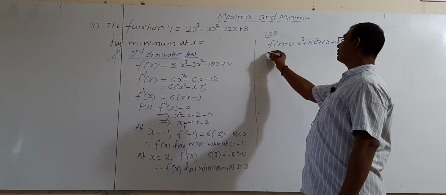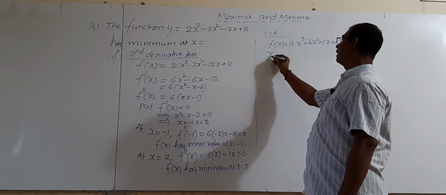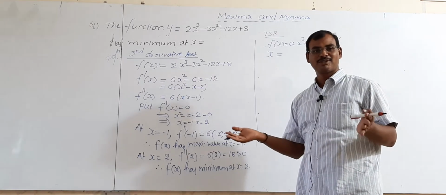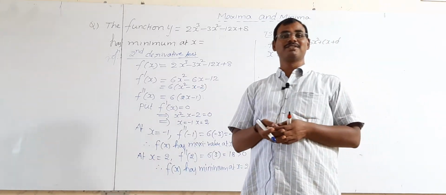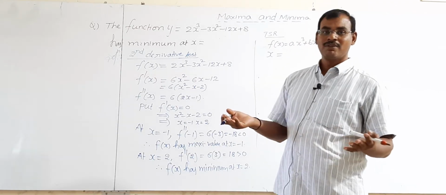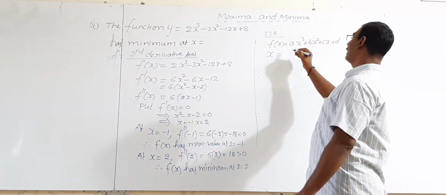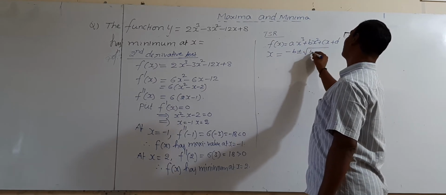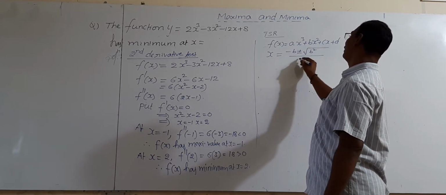So here, find the x value. We know the roots formula, Sridhar's formula. What is Sridhar's formula? x is equal to minus b plus or minus square root of b square minus 4ac, divided by 2a.